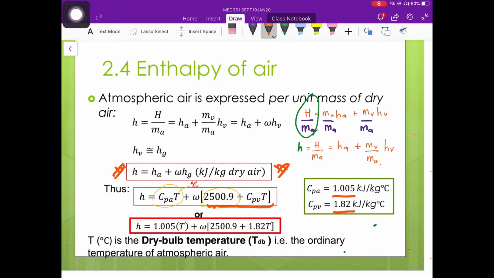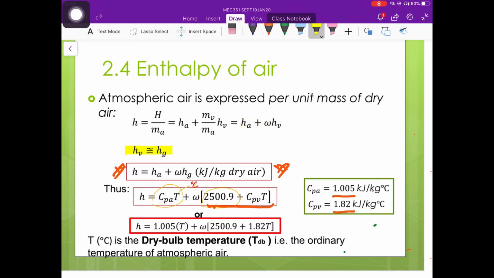Thus, we will have this equation. And note that mv over ma is equal to the specific humidity. Thus, we're going to have this equation.